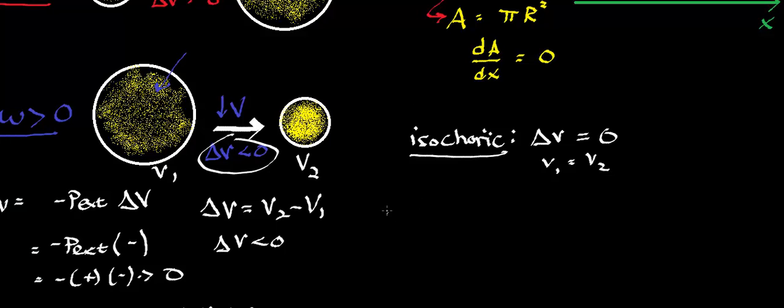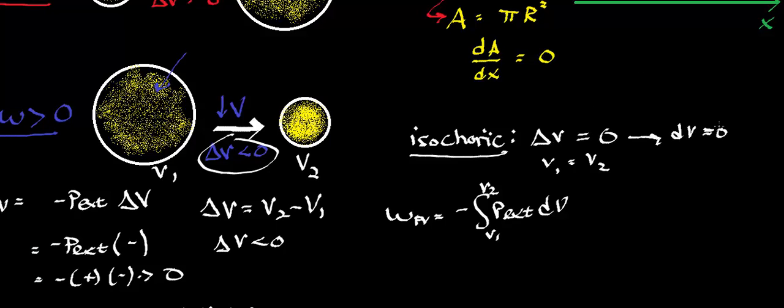If we look at the PV definition of work as the negative integral of P external dV, from V1 to V2, then if this is an isochoric process, delta V is 0, which also implies that dV is 0. So the whole integral goes to 0, and the work done due to an isochoric process is 0.